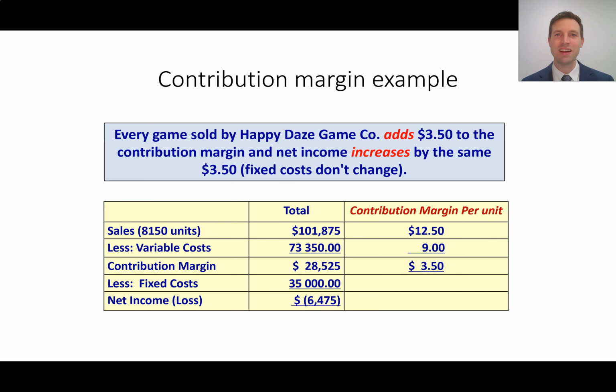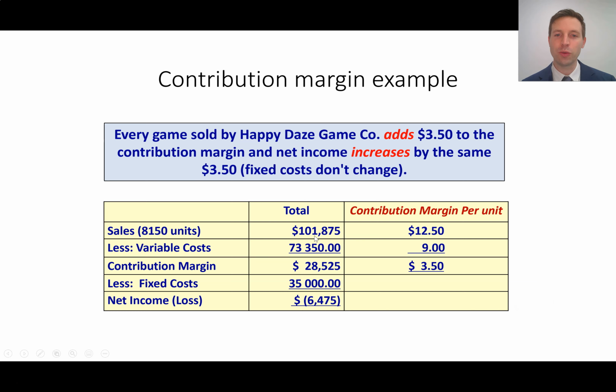We know that Happy Days have a contribution margin of $3.50 per unit. If their sales were increased by 150 units, we could multiply 150 units times the contribution margin of $3.50, and that gives us $525. That means the overall profitability of the firm will improve by $525. We can go through all the steps below.